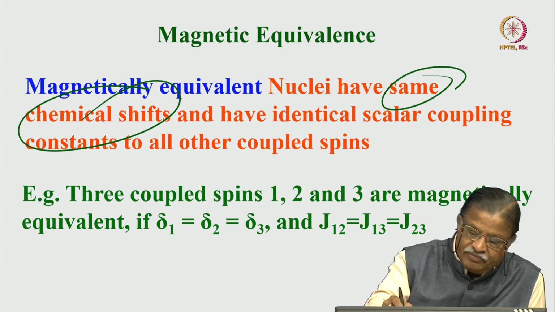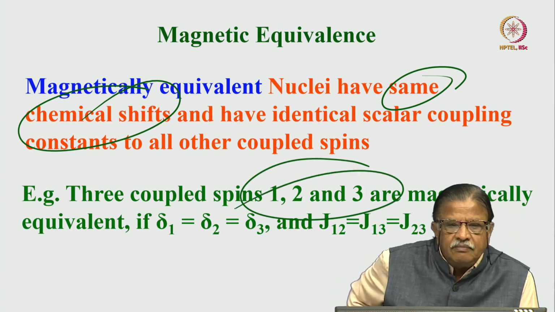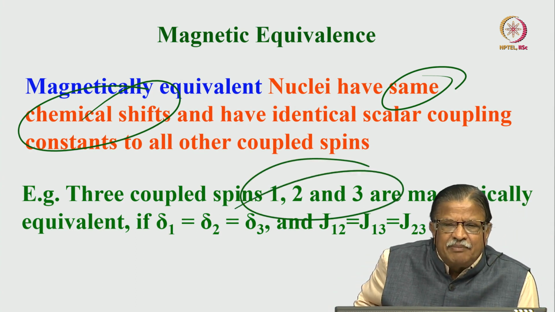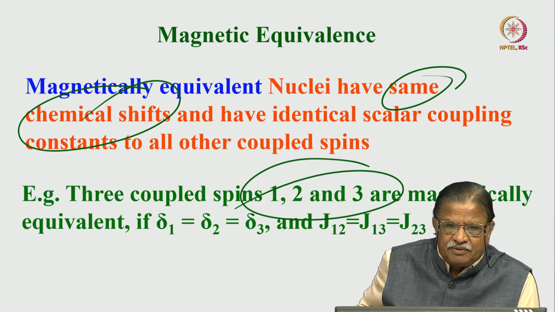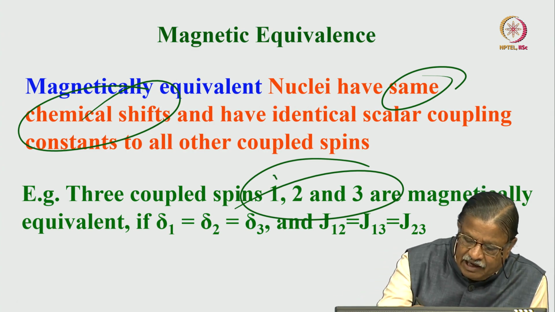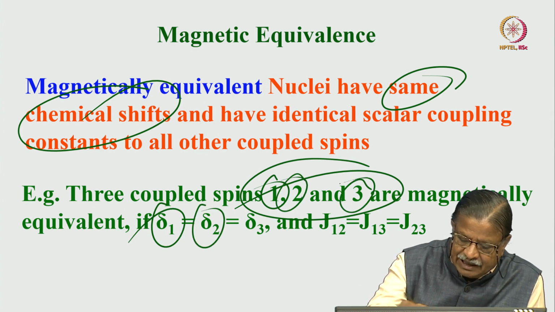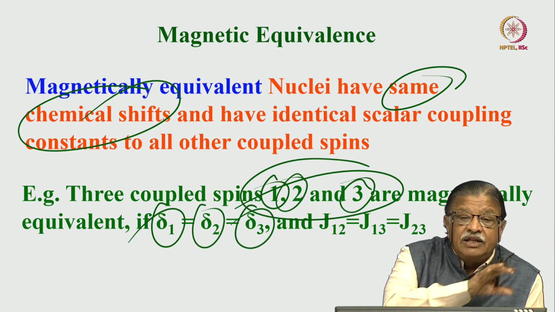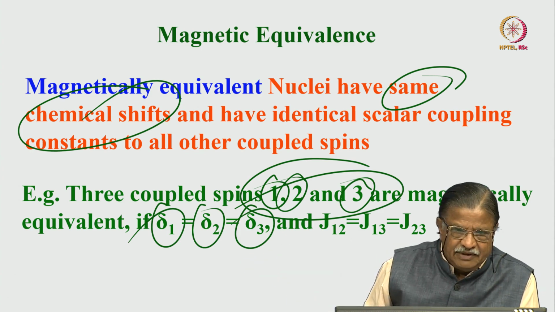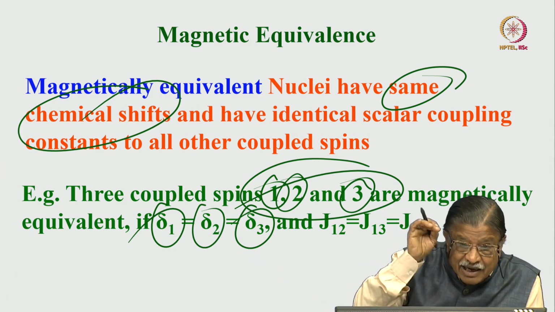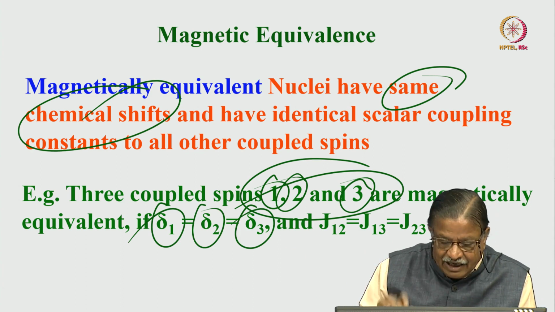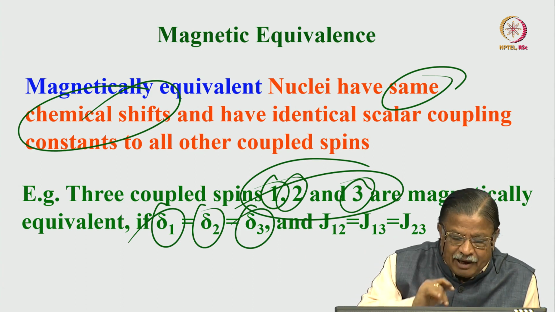For example, I have 3 protons. When you say all the 3 protons are magnetically equivalent in a molecule, what does it mean? The chemical shift of 1, delta 1, chemical shift of 2, delta 2, and delta 3, the chemical shift of 3, all the 3 should be identical. That means they should be chemically equivalent. In addition to that, there may be a coupling.